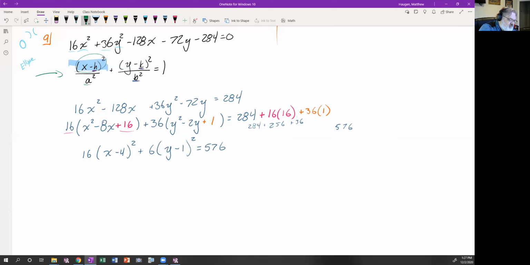We have these two perfect squares. Now they have coefficients in front of them, but these have coefficients too. It's just the coefficient is 1 over a squared, right? So we could technically, I'm not going to do it yet, take that and say that's (x minus 4) squared over 1/16 if we wanted to.